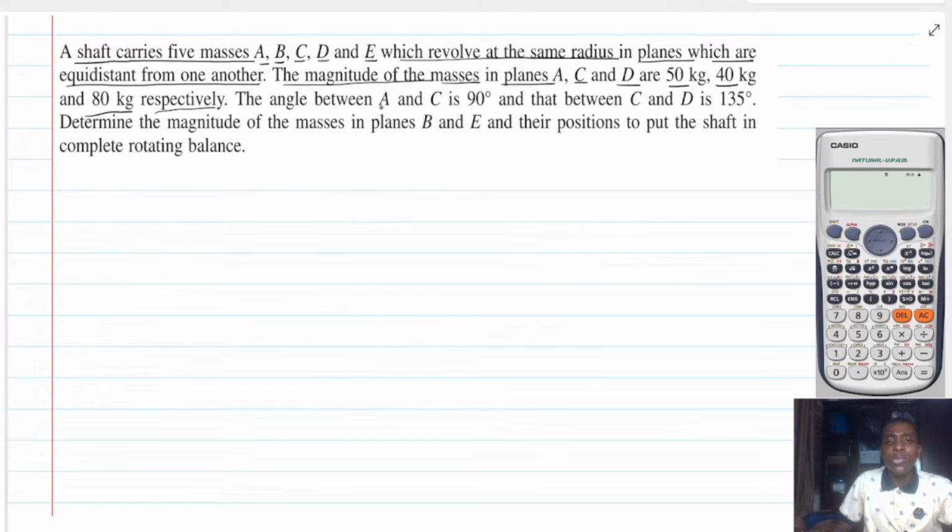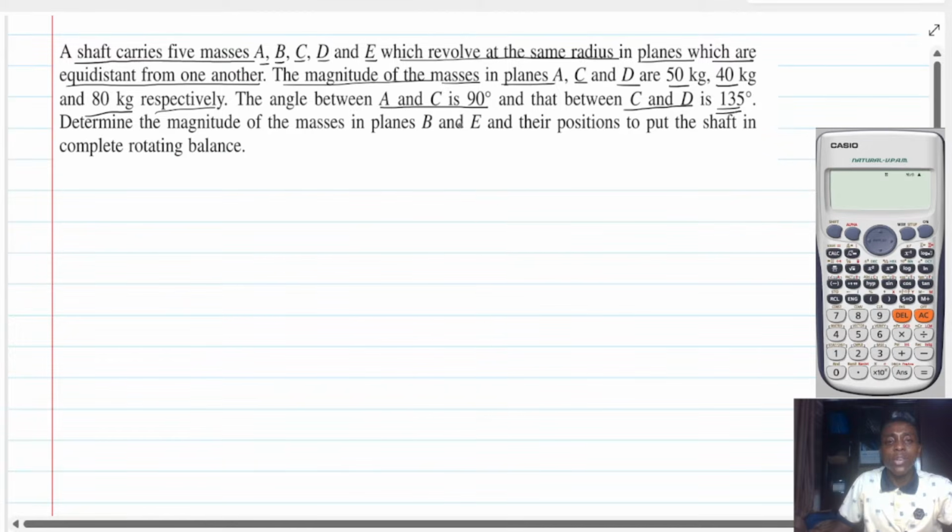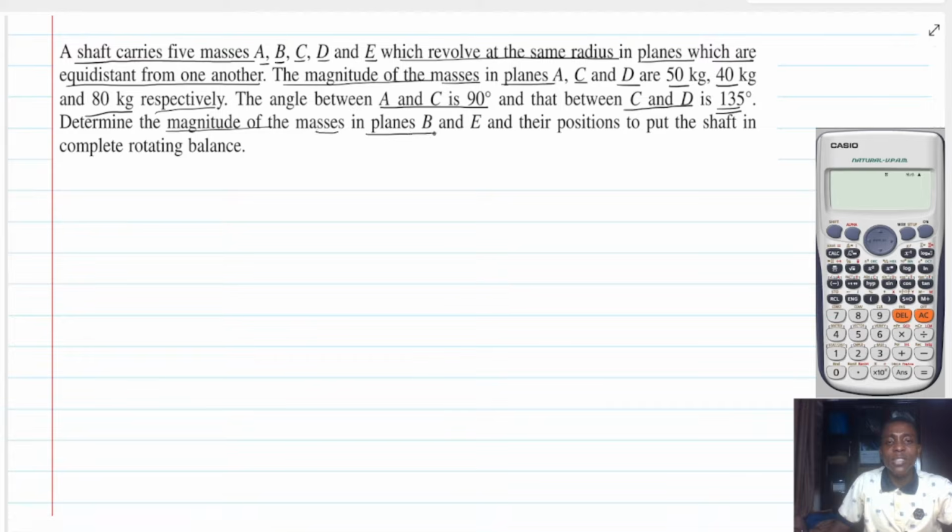Now the angle between A and C is 90 degrees, and that between C and D is 135. Our task is to determine the magnitude of the masses in planes B and E and their position to put this shaft in complete rotating balance. All right, so that is the problem for us.